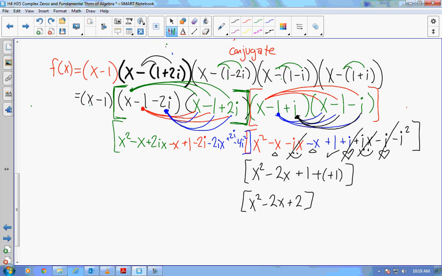After we get all 9 terms, what do we start looking for? Like terms. Okay, there's only one x squared. How many x's with no i's? There's another one right there. So that's negative 2x. Here's a term with an i and an x. Any other terms with an i and an x? Right here. They cancel.